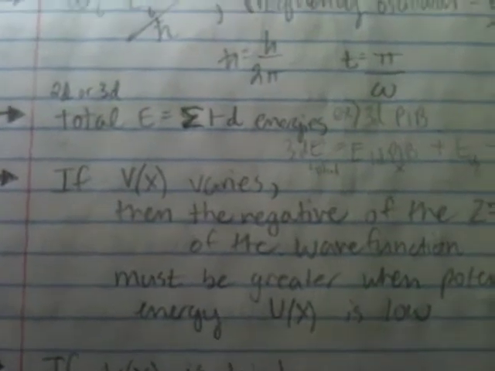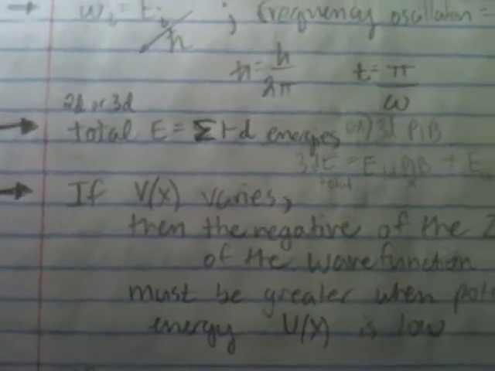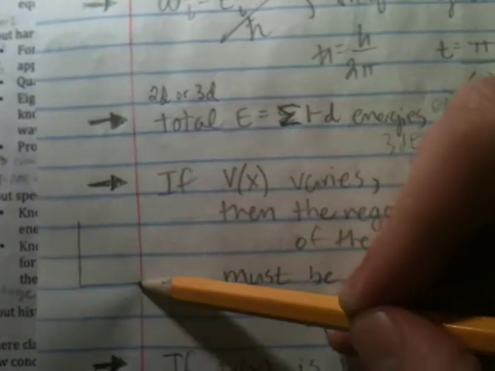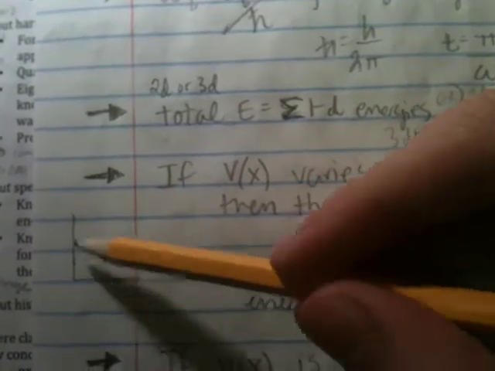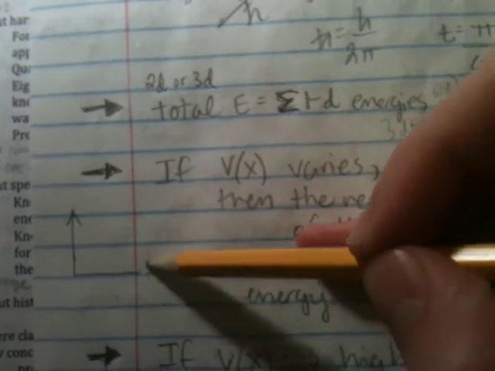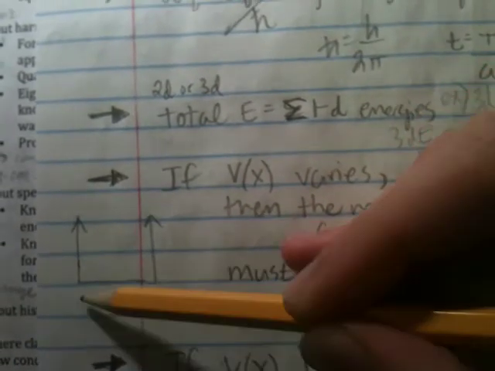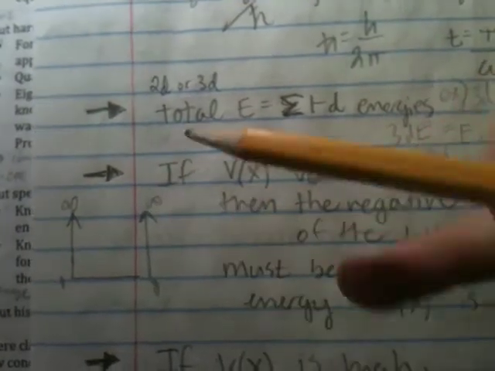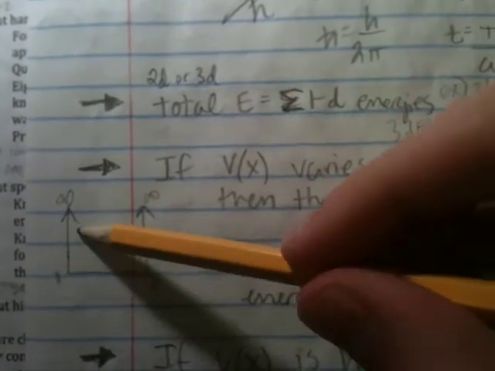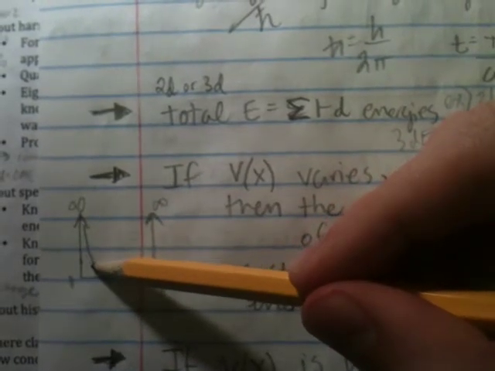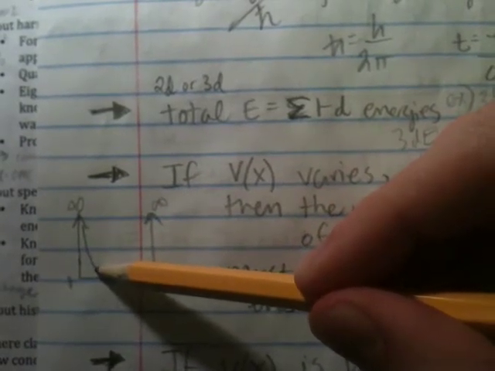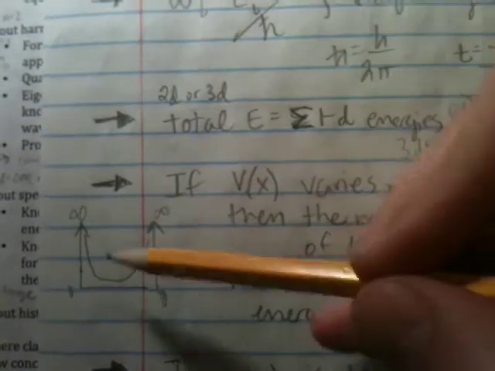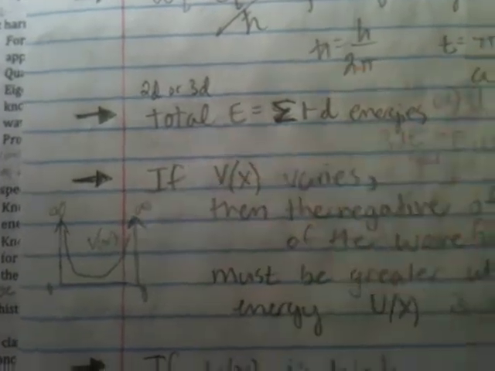Next is qualitatively, if you have some sort of graph of potential, let's say this is a particle in the box, so here we have 0, 0, here we have infinity, infinity, and some sort of potential, v of x.